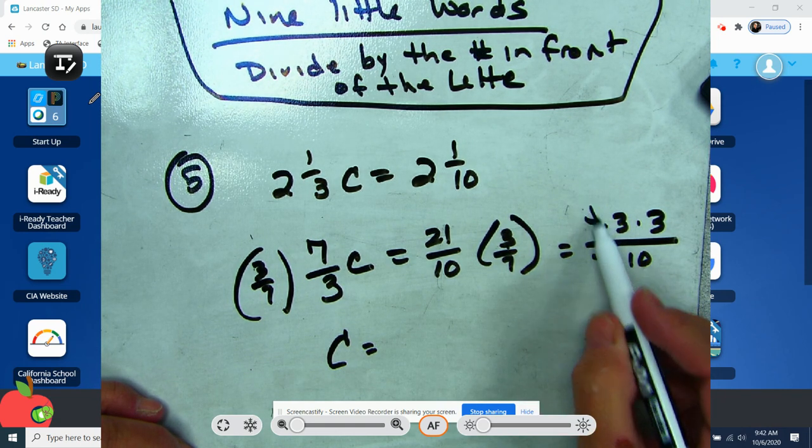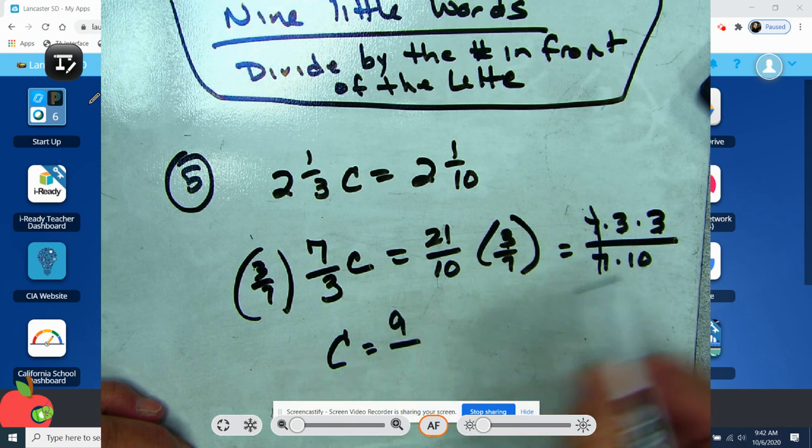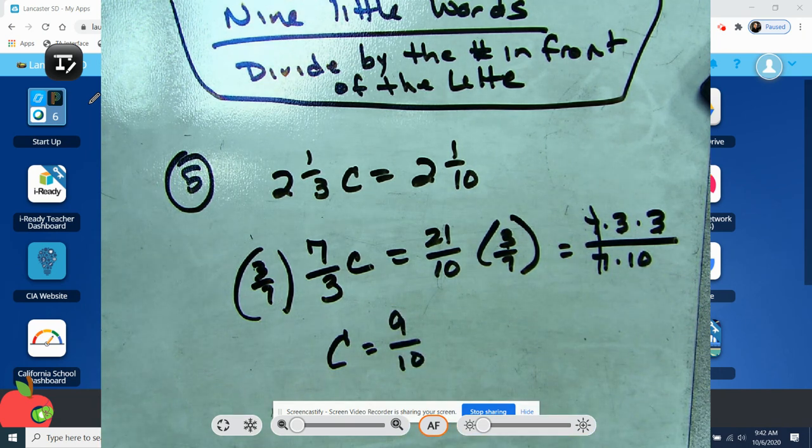The 7s are going to cancel. 3 times 3 is 9, and you have 10 on bottom, and that's your answer. Now, if you want to multiply 21 times 3 and 7 times 10 and then divide those numbers, go ahead. I find it's easier if you reduce before you start. Okay?